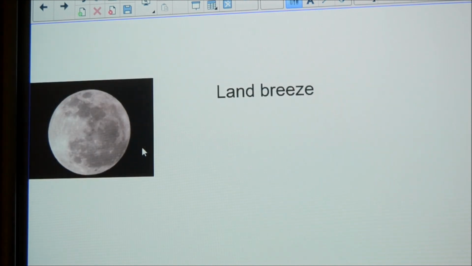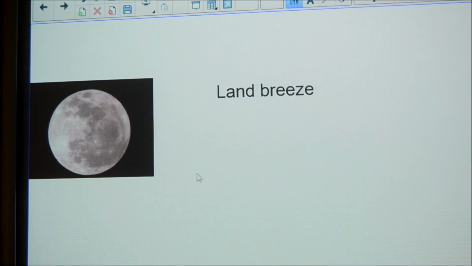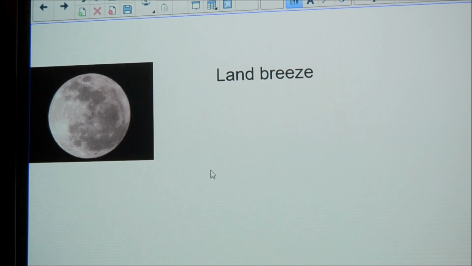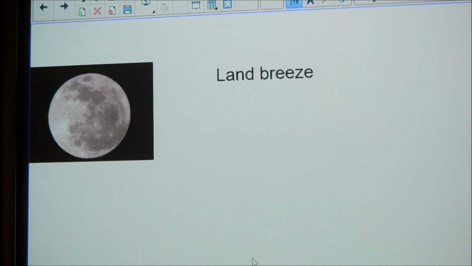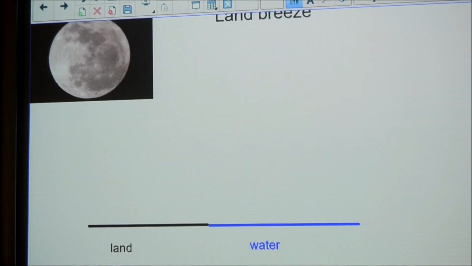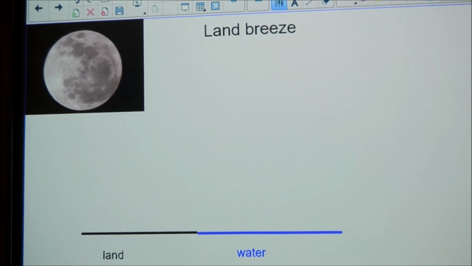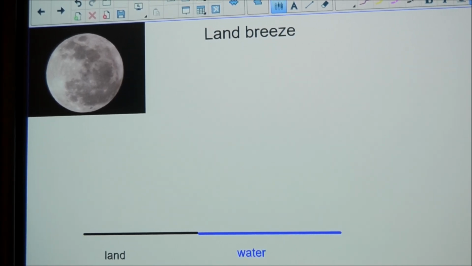During the night, I'll put a full moon for you, peaking at midnight. So with that one, it's my land breeze. Land has lower specific heat, so it will radiate off heat quicker.